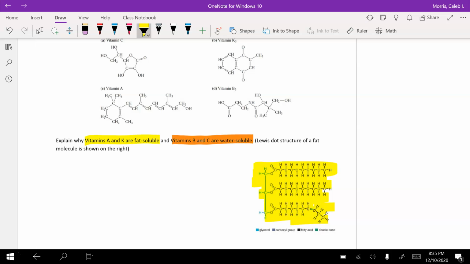There's a lot of hydrocarbons in there, and the only dipoles that are in this actually cancel each other out. So this is definitely a nonpolar molecule, and we know that water is polar.